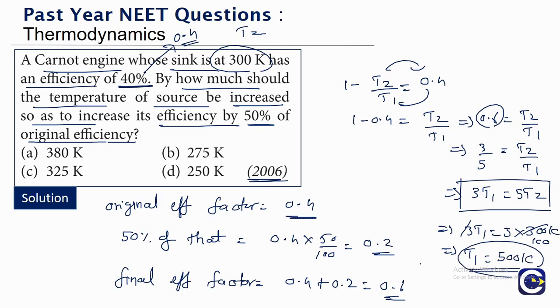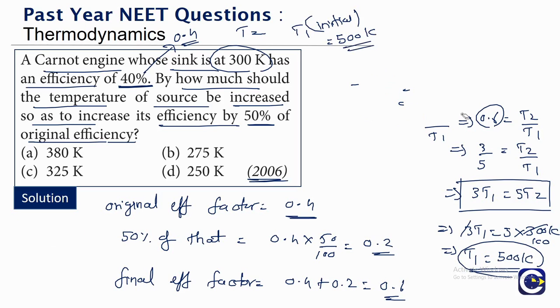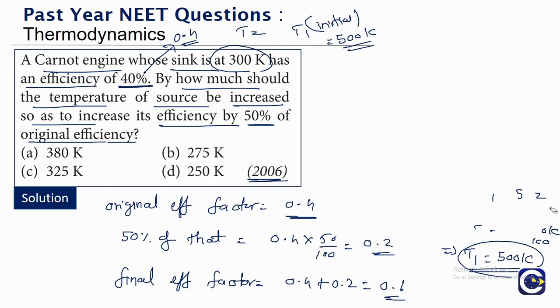That is our original T1 initial, 500 Kelvin. Now in the second case, the efficiency is becoming 0.6. In that case also we will find the final temperature of the source. We will see the difference between them and then we will know by how much it has to be increased.